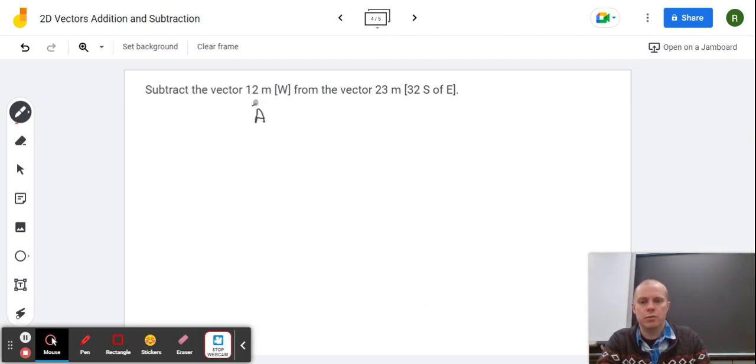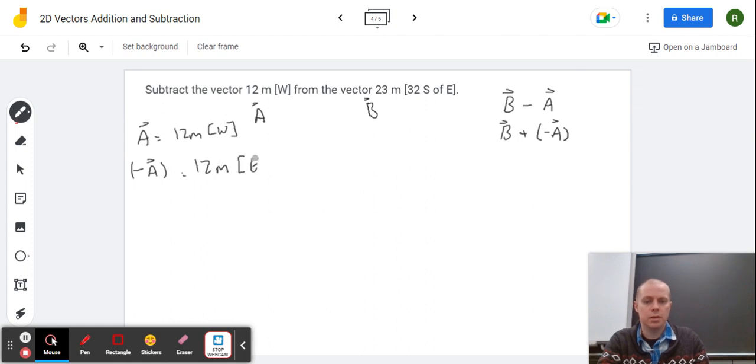So if this was vector A and this was vector B, and it says subtract A from B, that means we are looking for B minus A, which would be B plus negative A. So that means we need the opposite of this vector. So if A is 12 meters west, then negative A would be 12 meters east. So just the opposite direction.